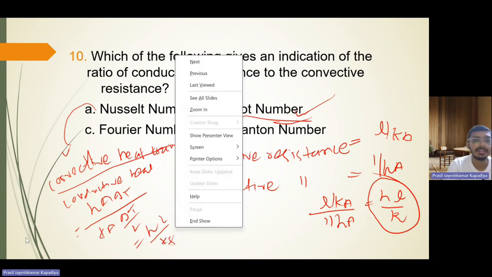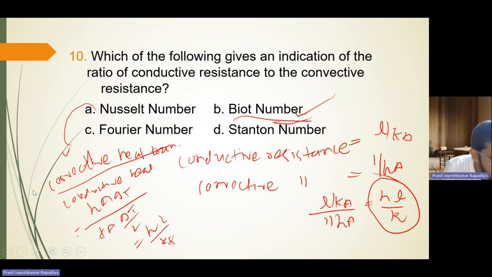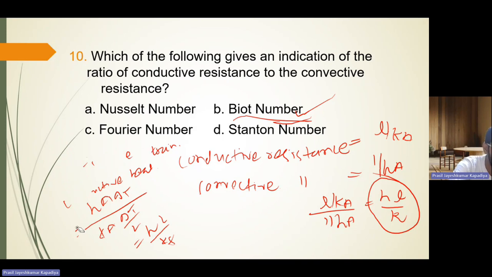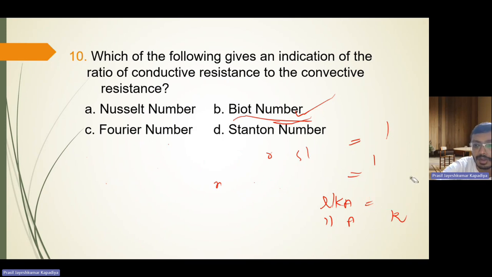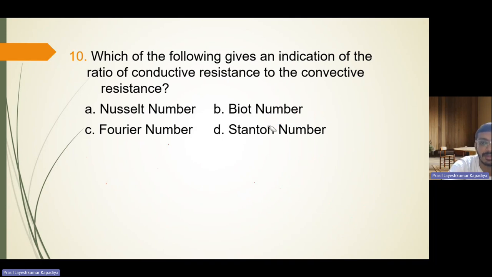That is the Nusselt number. Then Stanton number is given by convective heat transfer divided by mass flow rate times specific heat capacity, which is nothing but Nusselt number divided by Reynolds number times Prandtl number. Those students who are preparing for your GATE examination, please prepare this kind of question well, because they ask about the significance of these numbers. Okay, so our correct answer is the Biot number.